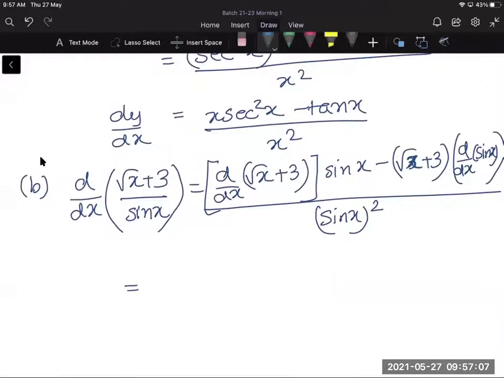So dy dx of root x plus 3 is 1 by 2 root x, because plus 3 ka differentiation is 0, right?